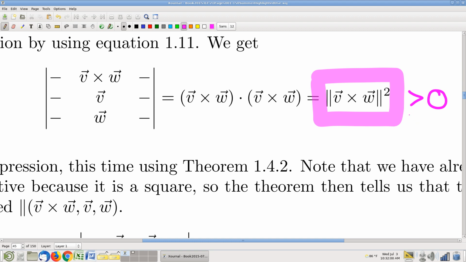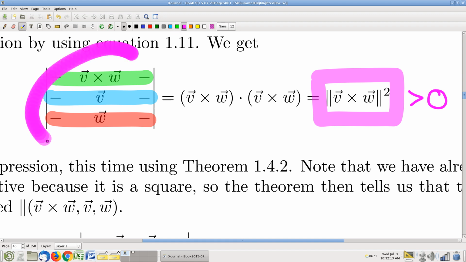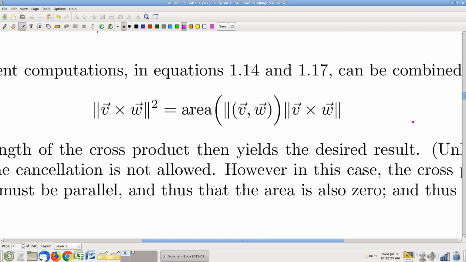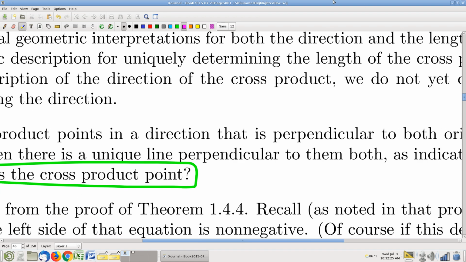If this is positive, that tells us right away that the cross product, V, W, is a right-hand ordering, because that determinant is positive.